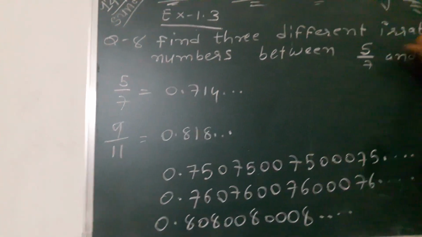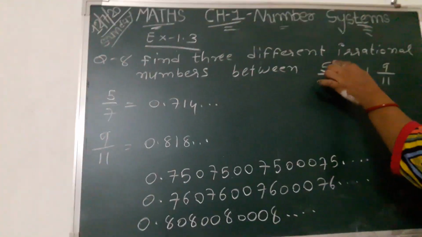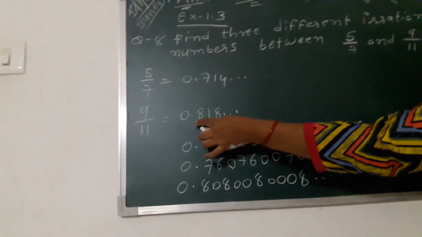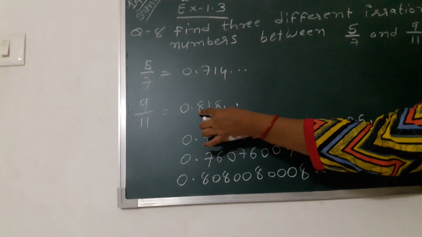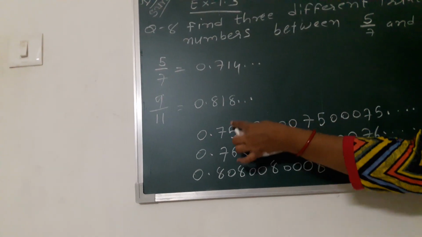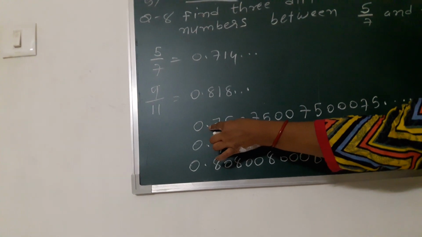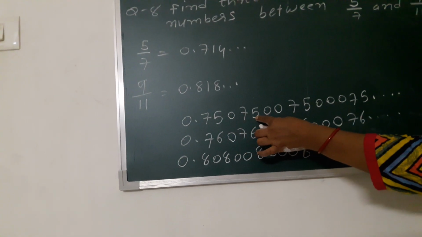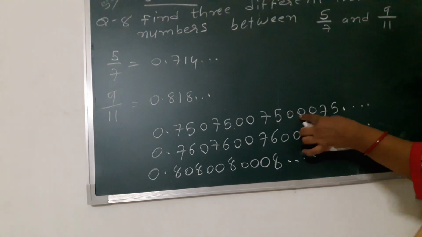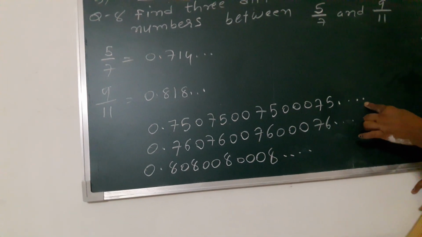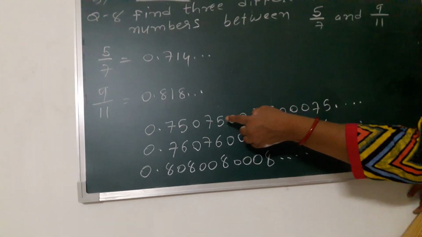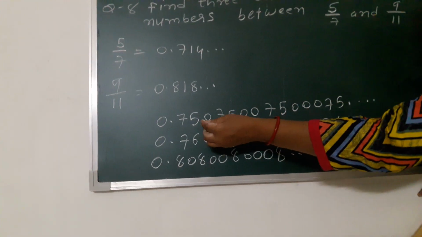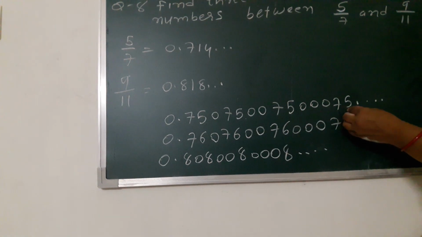So the irrational numbers between 5 by 7 and 9 by 11, that is between 0.714 and 0.818, are 0.75, 0.075, 0.0075, 0.00075 up to infinite, because an irrational number is non-terminating, it has no end, and non-recurring. Here we can see that no number is repeating.